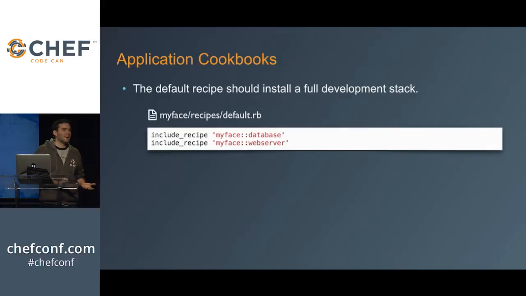They can use the exact same recipe code that will be used to spin up their production environment. So a common pattern you'll see is that the default recipe in an application cookbook will be something to spin up a full dev stack.